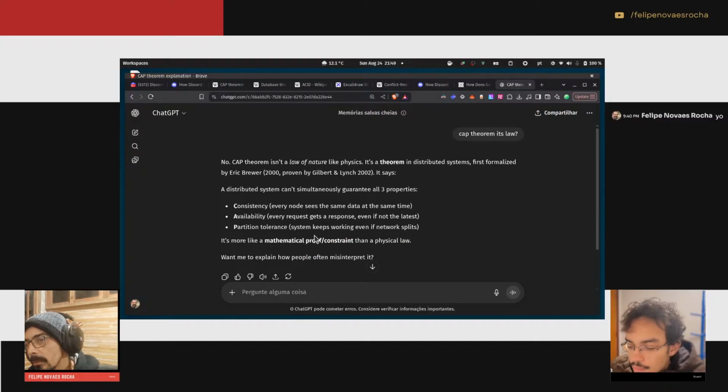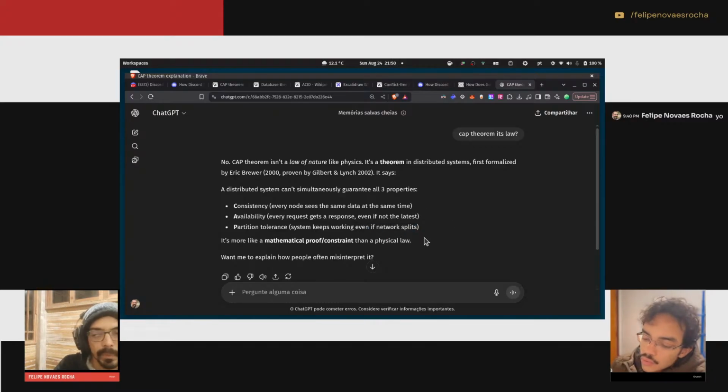Okay, cool. So consistency: every node sees the same data at the same time. We can see examples later. Availability: every request gets a response, even if it's not the latest. And partition tolerance: the system keeps working even if the network splits. Cool.